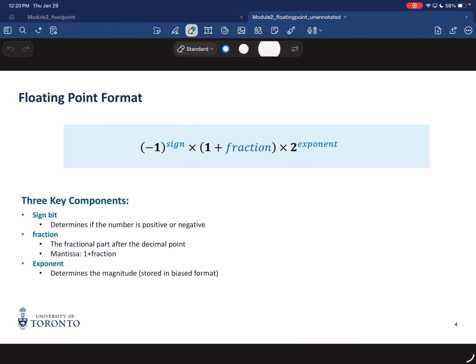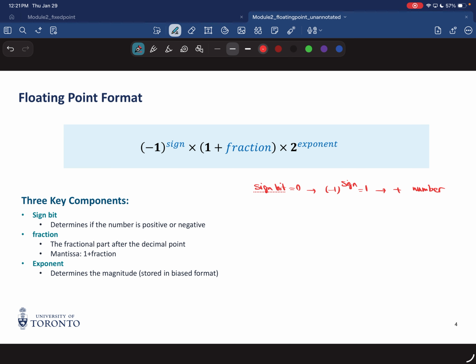The floating point format is (-1) to the power of the sign bit. Just like before, if the sign bit is 0, then (-1) to the 0 is 1, so that's a positive number. With sign bit 1, it's a negative number.